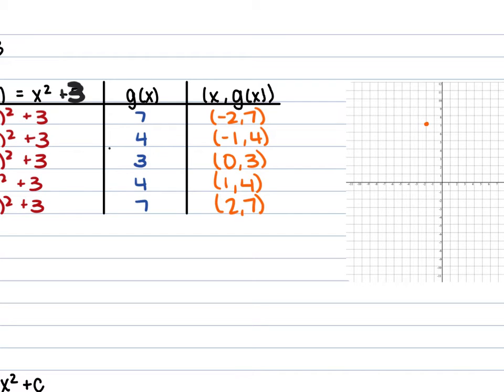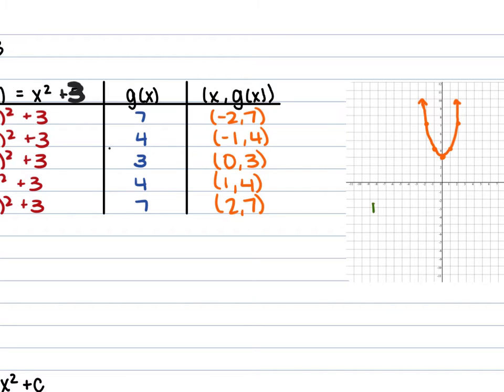Then we have -1, 4, 0, 3, 1, 4, and 2, 7. We draw a line through those points, making sure that we have a curve that's happening.